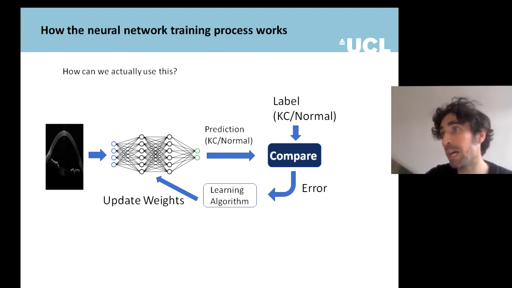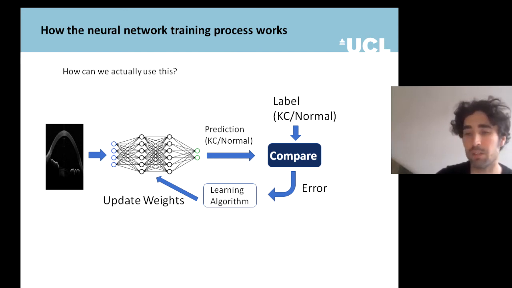Then you pass this back into an algorithm which updates this network. It slightly changes it so that hopefully it gets a bit better. And then you repeat the process. You feed in a new image, it goes through the network, it creates a prediction, which is slightly better this time. Then you compare the prediction to your label, you get the error, you feed it into the algorithm, and you update the weights. And then you repeat and you repeat and you repeat. Eventually, over a long period of time, this network will learn how to predict these images with hopefully high accuracy.